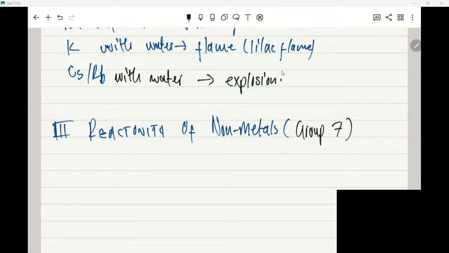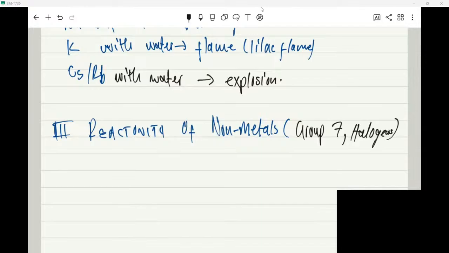That's the one at your IGCSE level, which is the halogens. We want to see what happens as you go down. What you must know is that these things are opposite. If the reactivity of metals increases down the group, for non-metals, what must it do? It will decrease down the group.